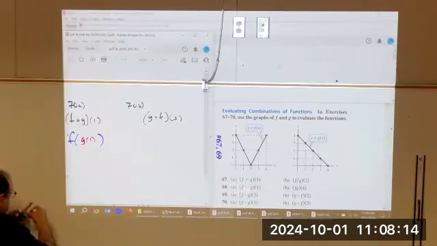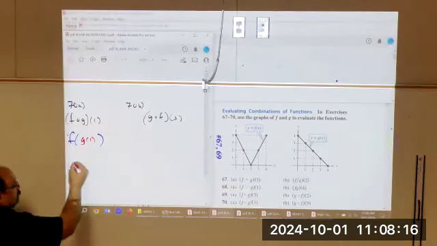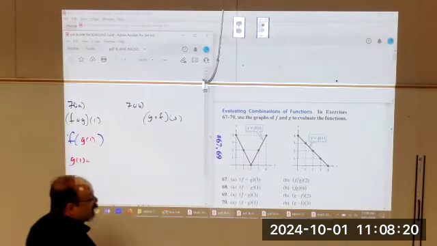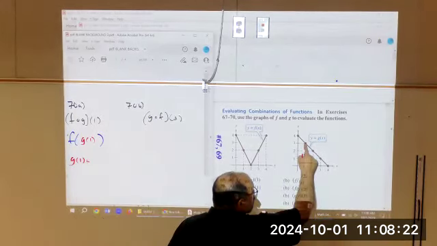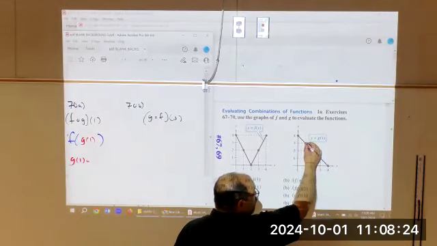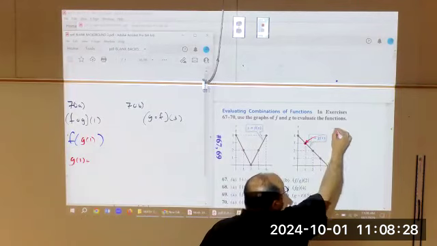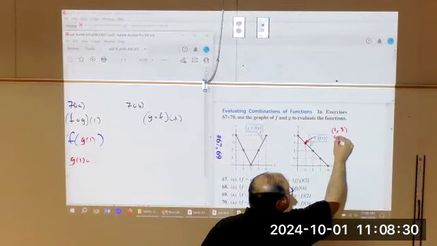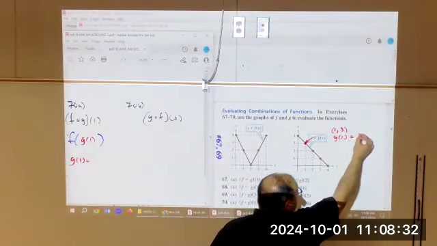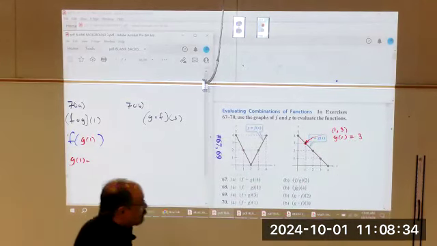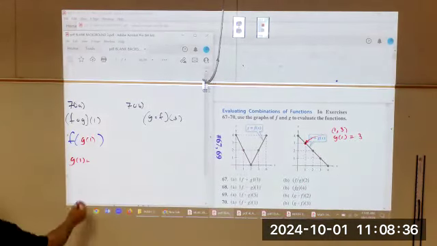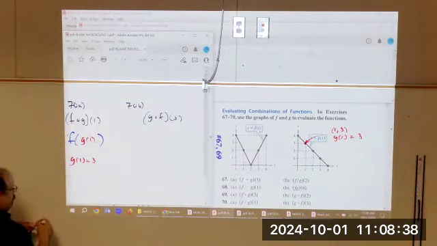G of 1. So the first thing you do, you start from the inside. Go find G of 1. So the picture of G over here, when we plug in 1, that point is at 1, 3. So G of 1 is equal to 3. So now I can substitute.